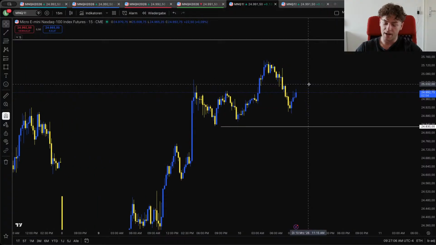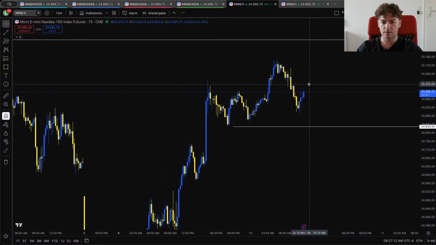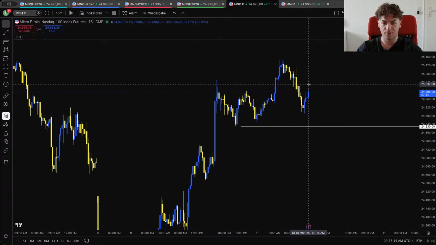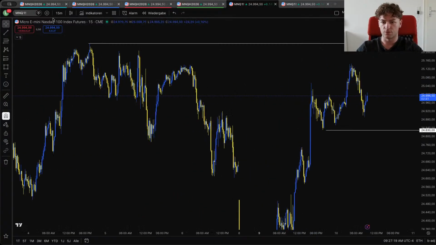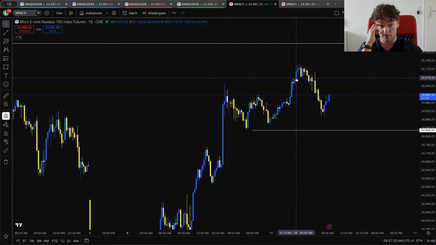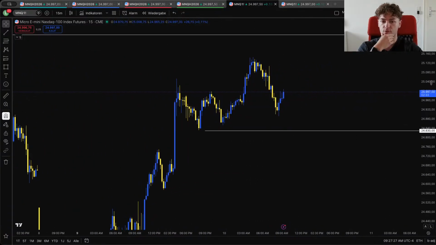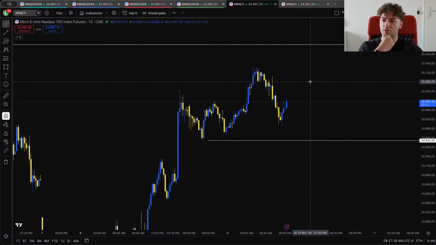Although my high time frame bias is bearish, like I told you in yesterday's live stream, intraday bias maybe is rather bullish due to this obvious buy side liquidity pool. But yeah, this remains to be seen. We have to see how 9:30 opening range is behaving.